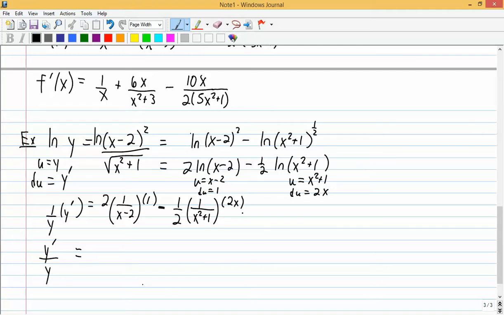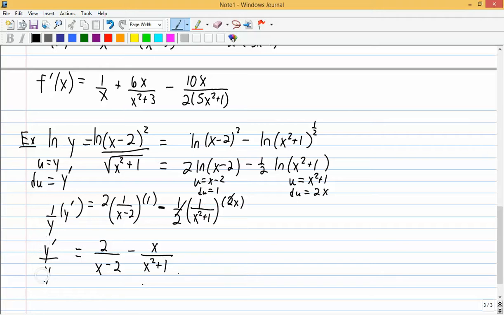Alright, so this is going to be 2 over x minus 2 minus, if you say 2 times 1/2, those cancel out. That gives you x over x squared plus 1. Now this isn't what the first derivative is equal to, because to have the first derivative, I'd have y prime equals.